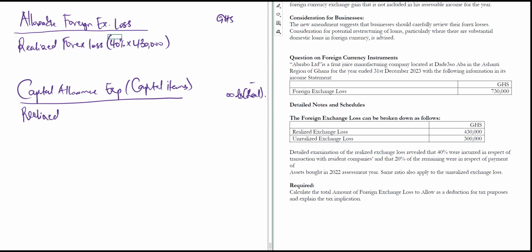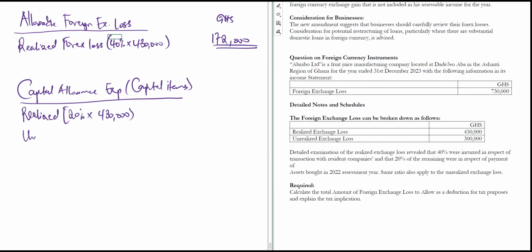Yes. That gives us 172,000. Then what about the capital allowance expenditure? They said 20% went into the purchase of the asset, right? So 20% of the 430,000.